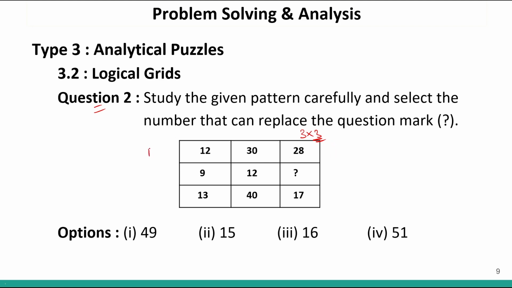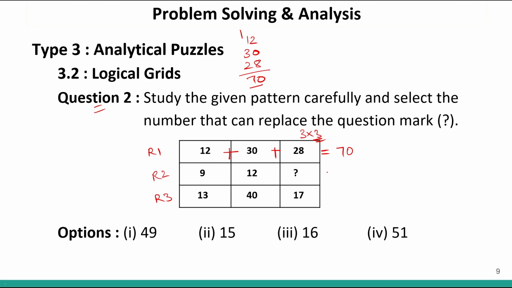Let me check. This is row 1, row 2 and row 3. Okay. So let me check for row 1. In row 1, if I add this 12 and 30 and 28, the answer I'll get will be what? 12, 30 and 28. So this will give me 70. I'll get 70.